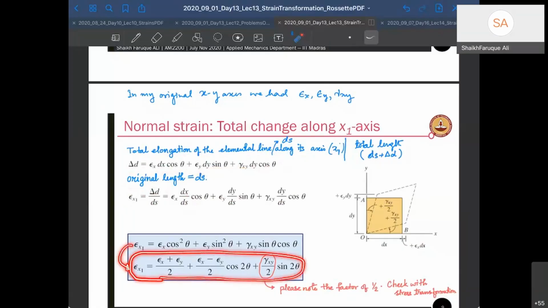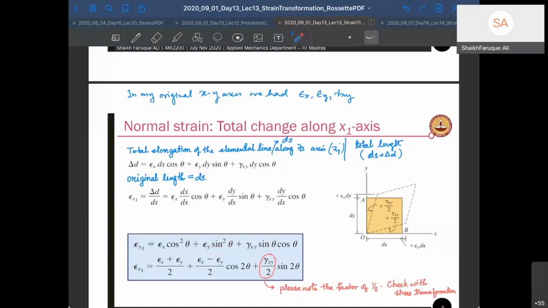And you see this formula is the same as what you got for the transformation of normal stress. The only thing to note is that there it was only gamma xy, here it is gamma xy by 2. Why is it 2? Because rotations and transformations of stress or strain depend on tensor transformation, right? And gamma xy is engineering strain, not tensorial strain.